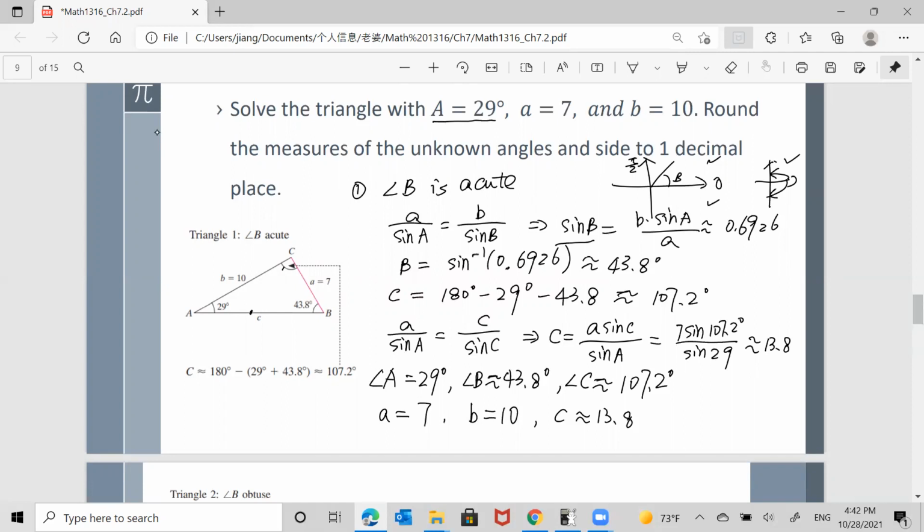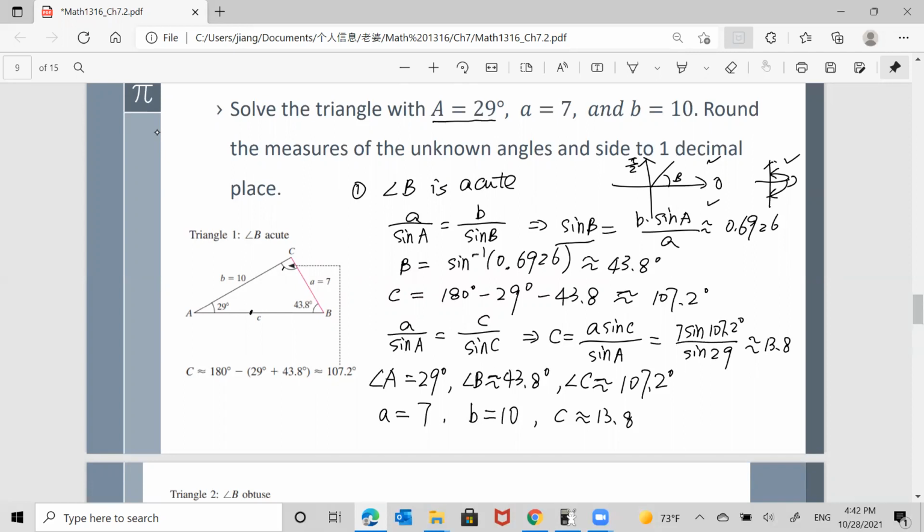Maybe it's a positive angle, maybe it's a negative angle. And sine B is a positive number. That means the calculator only gives us the angle in the first quadrant, so angle B is here.